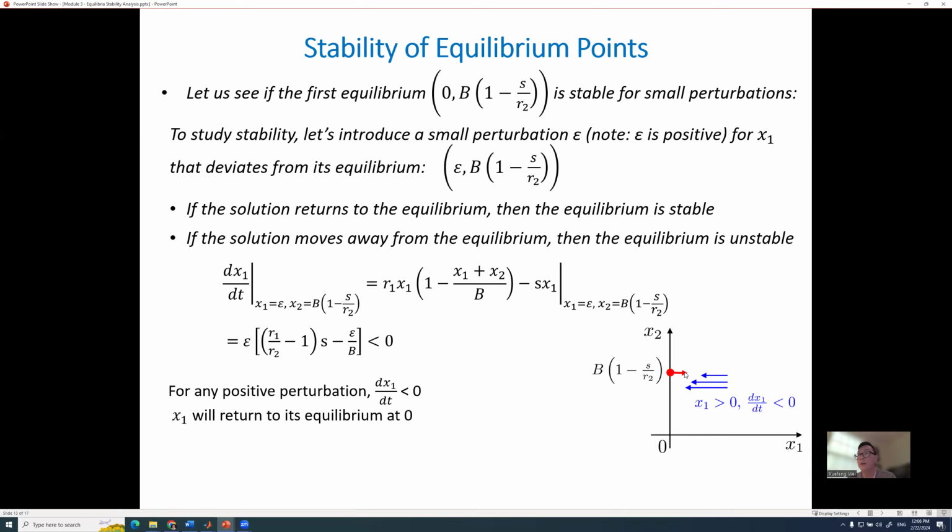If we provide a perturbation in a positive direction, represented by this red arrow, then once x1 is bigger than 0, dx1/dt is smaller than 0, which means it will go left. As soon as it deviates from this equilibrium point, it will move back. That's why we say this equilibrium point is globally stable, because no matter how big the perturbation is, it will return to the equilibrium point.